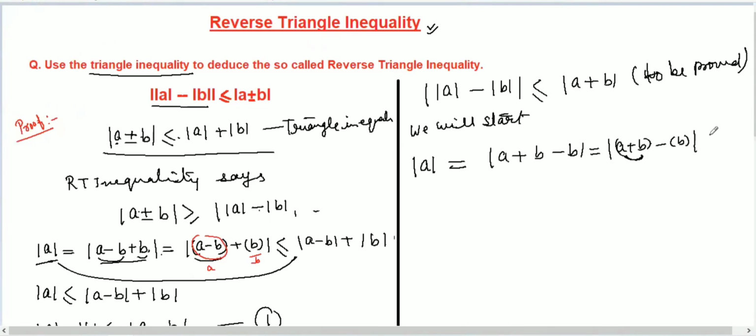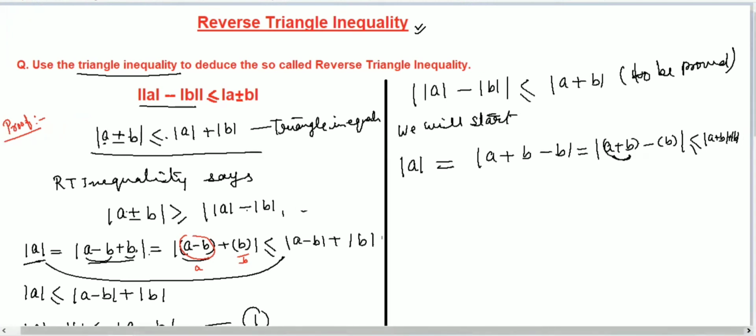So this will be less than or equal to absolute value of A plus B plus absolute value of B.